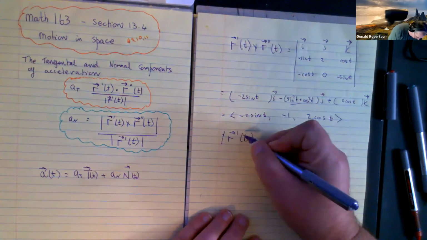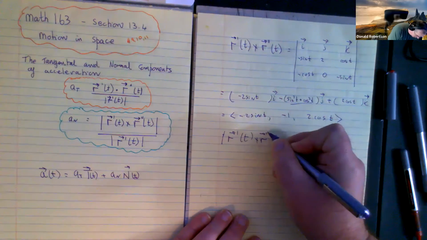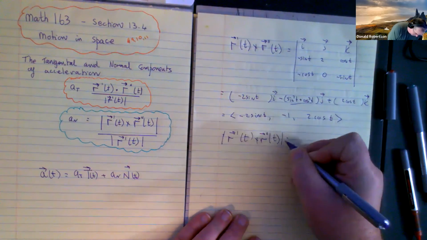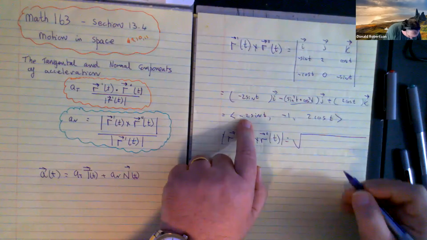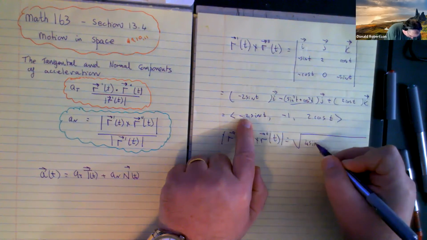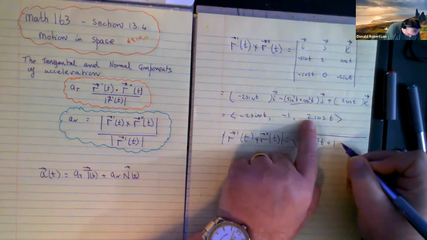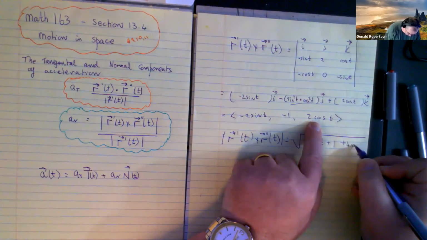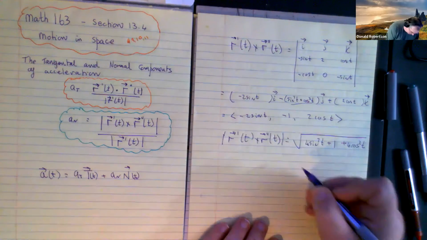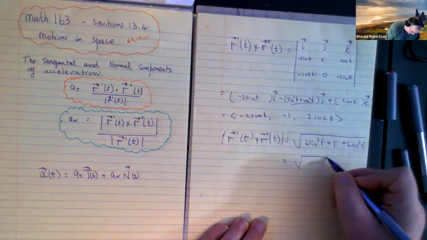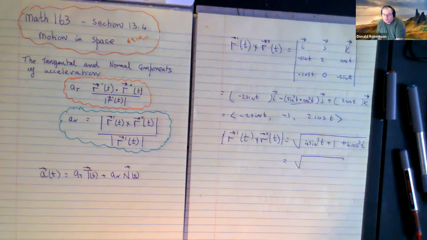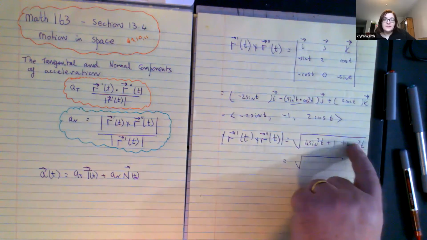So the magnitude of this guy is the square root of this guy squared, which is 4 sine squared, plus this guy squared, which is 1, plus this guy squared, which is 4 cos squareds. What does that guy inside the square root look like? The square root of 5.